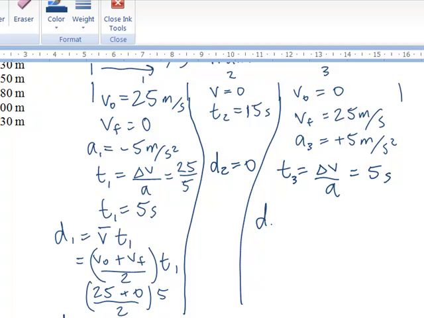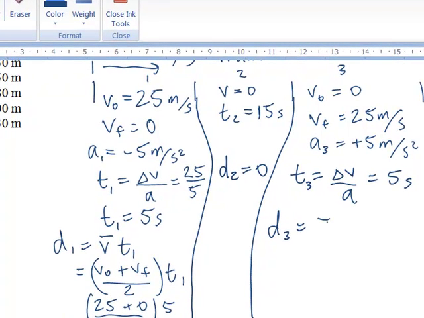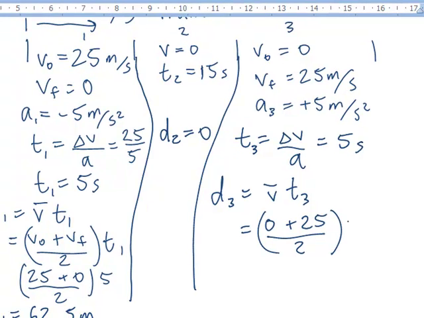The distance for segment 3 is again equal to the average velocity times the time. And the average velocity in this case is going to be 0, is the initial velocity, plus the final velocity is 25 meters per second. Again, divided by 2 to get the average, and you multiply by 5 seconds, you'll see that numerically d3 is equal to d1, 62.5 meters.